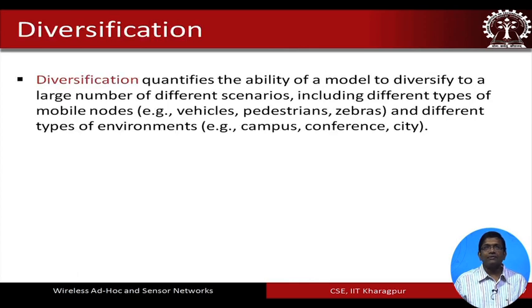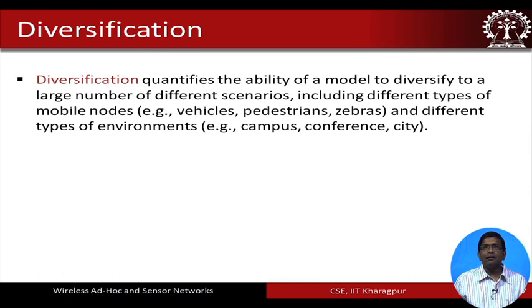In terms of diversification, this is an attribute that quantifies the ability of a model to diversify to a large number of different scenarios. So, for example, mobile nodes in vehicles, pedestrians, zebras are all different.